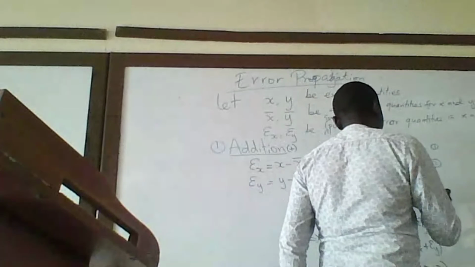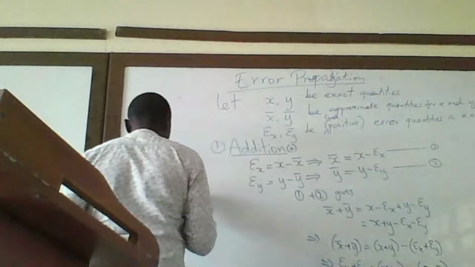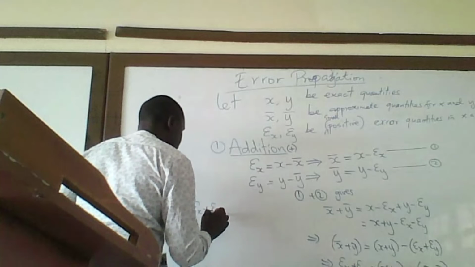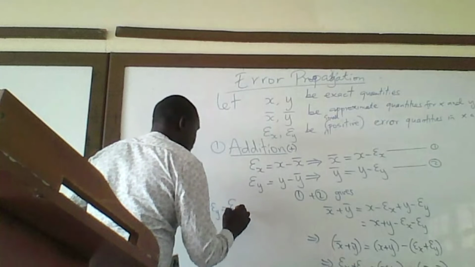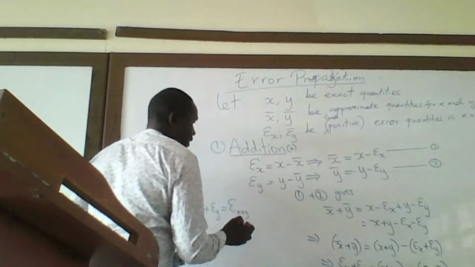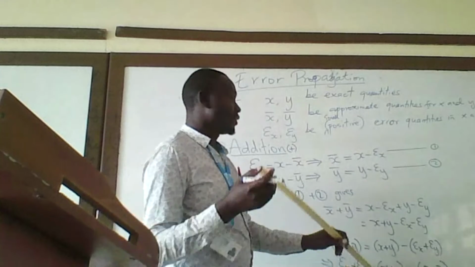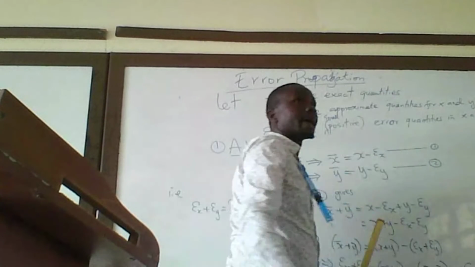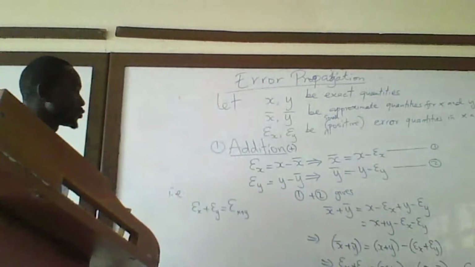So we say epsilon x plus epsilon y is the same as epsilon of x plus y. All this you call epsilon capital X, but capital X is x plus y.